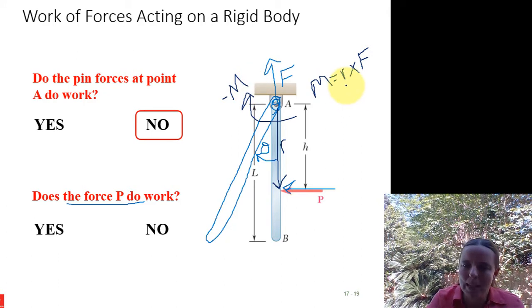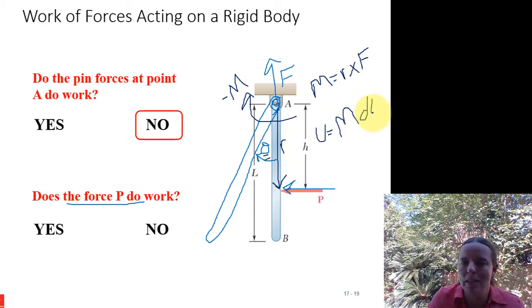Okay, so you have a moment, and that moment is acting through an angle. So remember what we learned about work. Work is going to be not just the moment, but the moment through some angle. So if we said that this was like, I don't know, pi over 4 or something, let's keep this in radians.